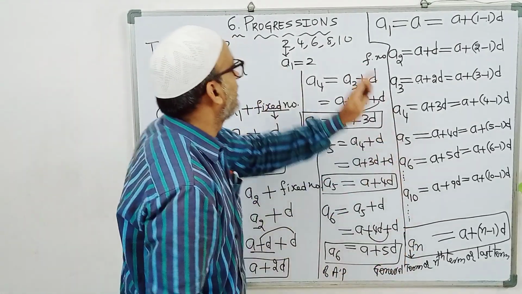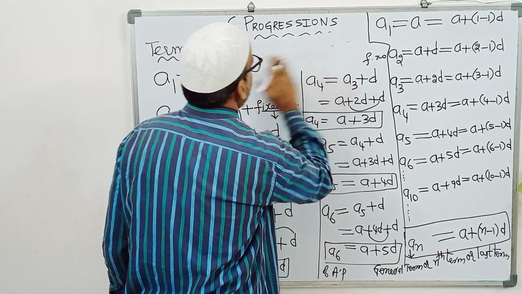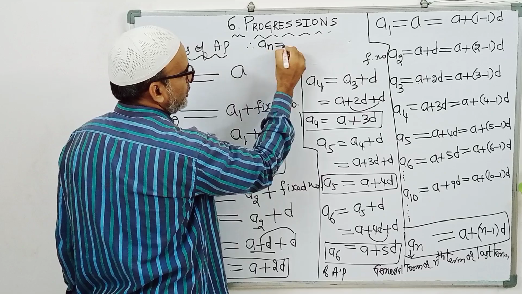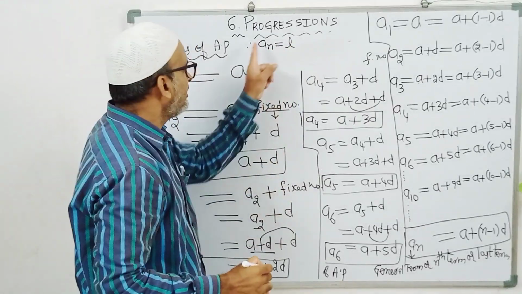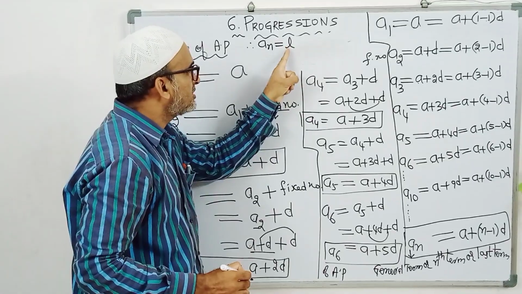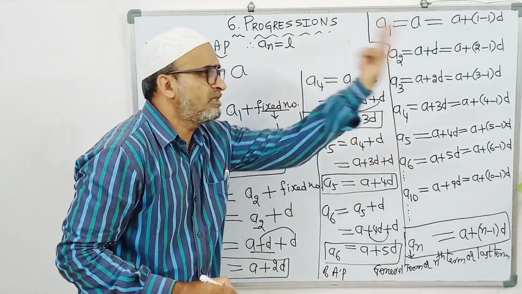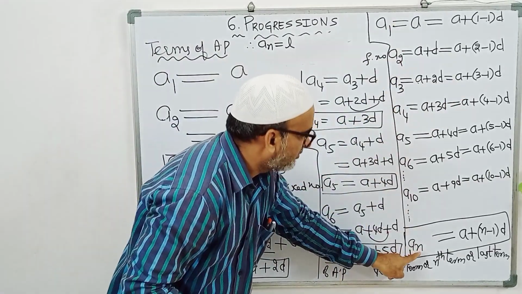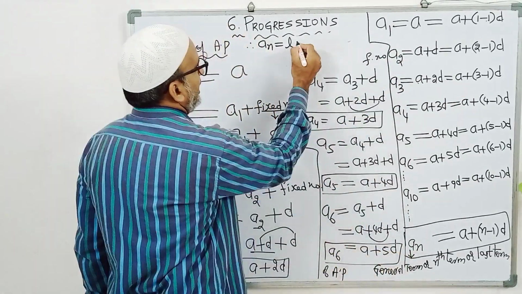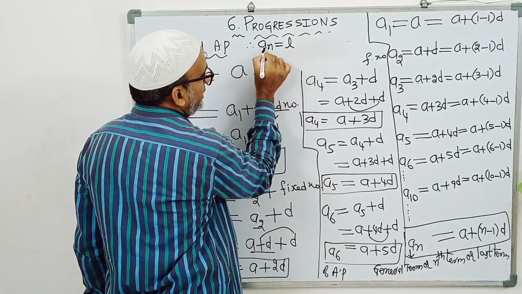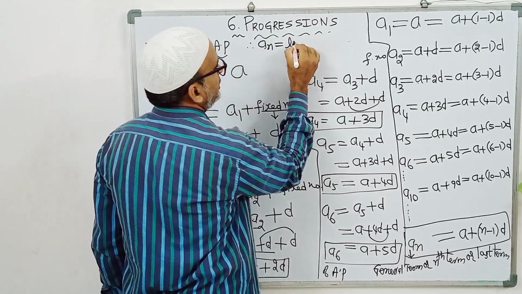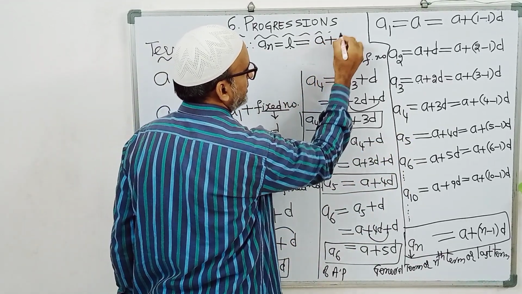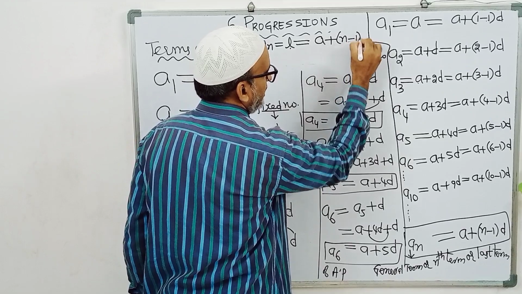Very important. Therefore An is equal to L. L means last term. An means nth term, which term? Last term. We don't know which term that is, it is going on like that; finally we got this term. Nth term or general term is also denoted by An or L, is equal to, don't get any confusion, A plus (n minus 1) into D.